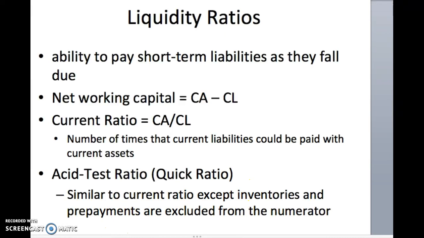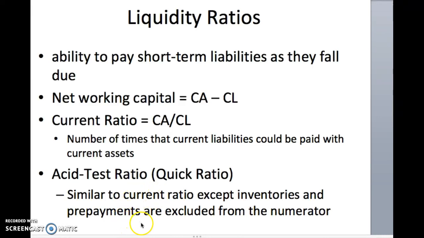Prepayments would be, let's say, prepaid rent or prepaid insurance, anything that's prepaid, that would be considered a prepayment. This is a stricter form because it takes away the less liquid current assets, meaning inventories and prepayments, they're harder to convert to cash, therefore they are less liquid.